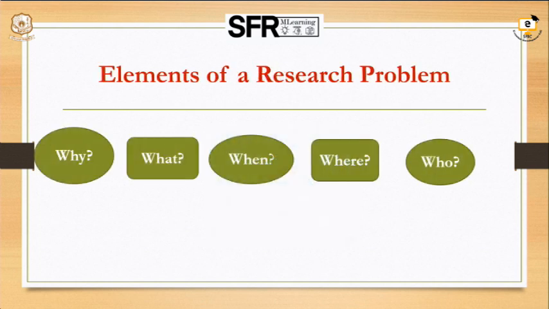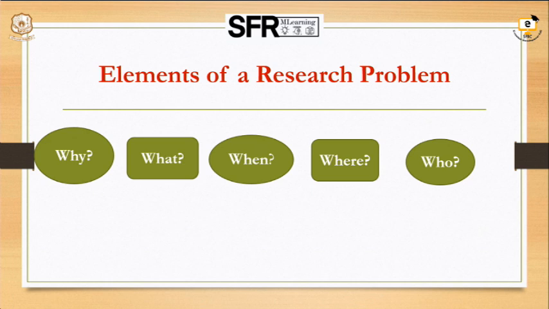The next one is, what are the elements of your research problem? First of all, why? The answer for this question is the objectives or aim of the problem which is to be investigated. Why is there a need for investigation? First, you should have a very strong opinion about your objectives or aim of the problem.